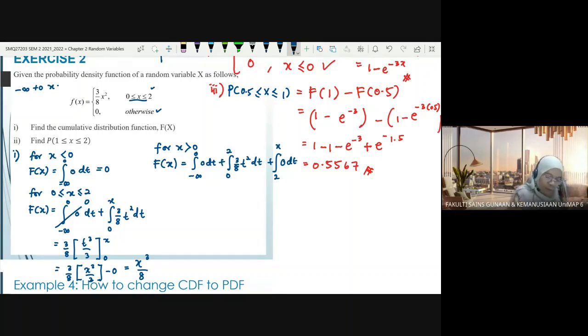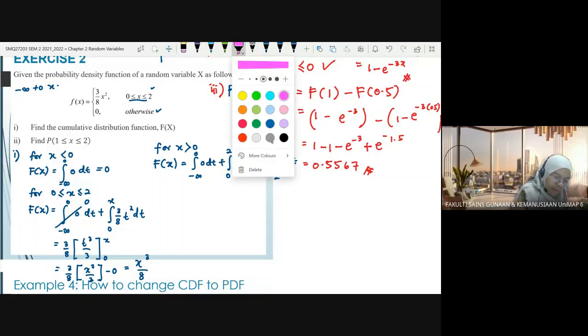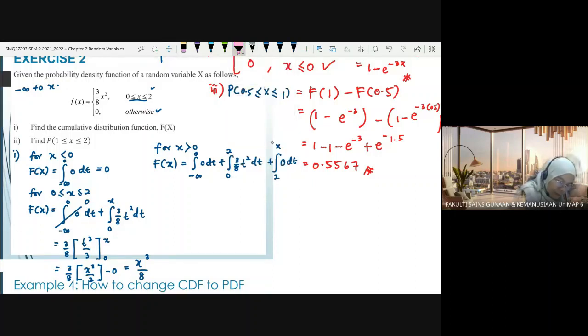So please look at the given ranges: from negative infinity to 0, 0 to 2, 2 to x for x greater than 2. So we start one by one, since we are looking for cumulative. That's why we try to find out one by one for each of the terms given.